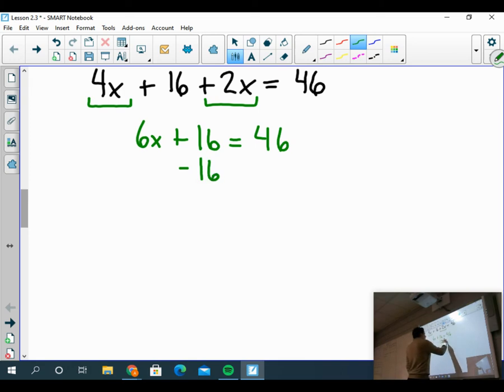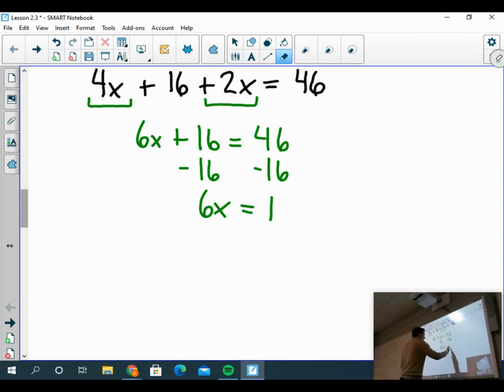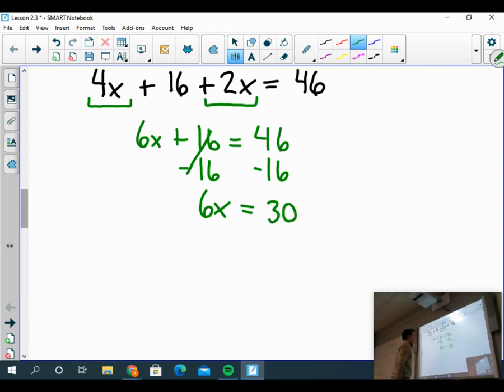We learned in 2.2 that we will subtract the constant. When we do that on the left side, of course, it cancels, inverse operations. And on the right side, 46 minus 16 is 30.